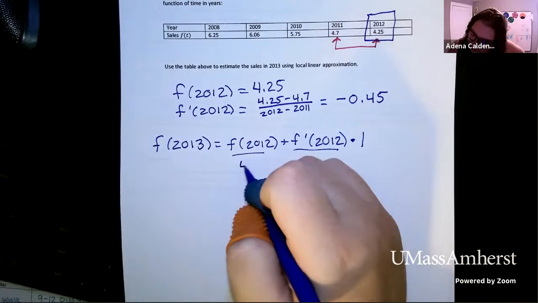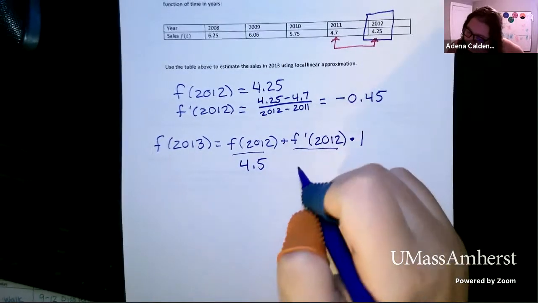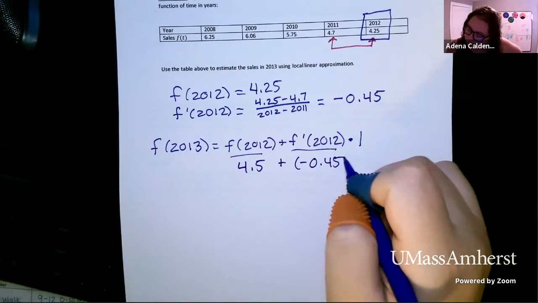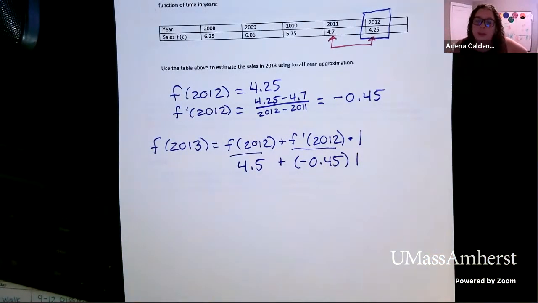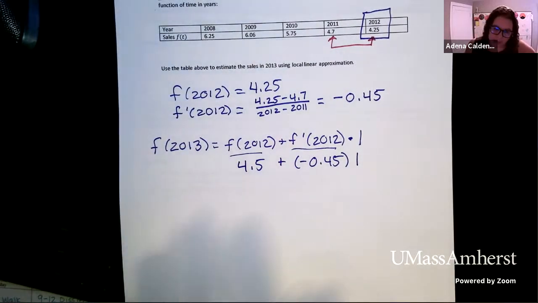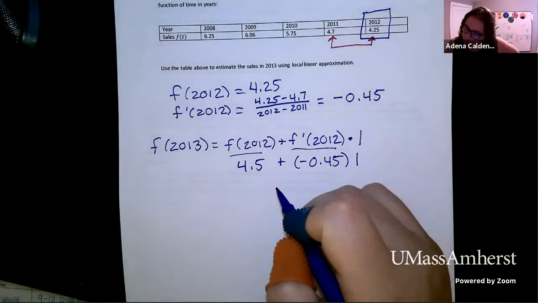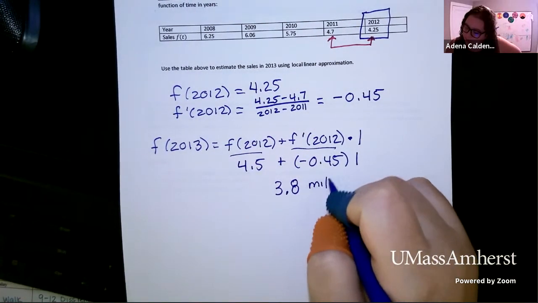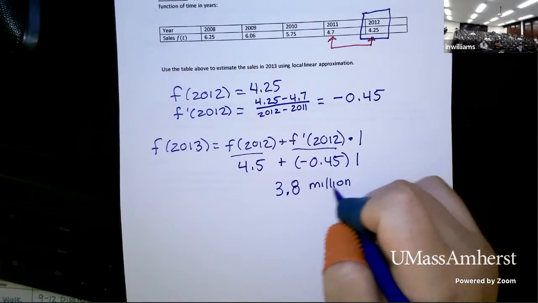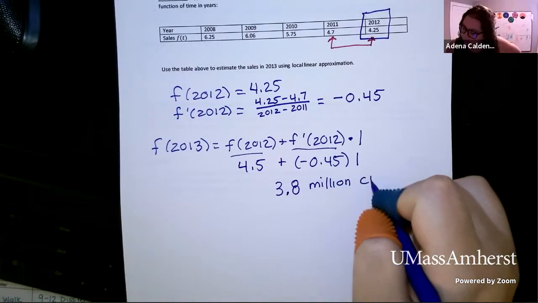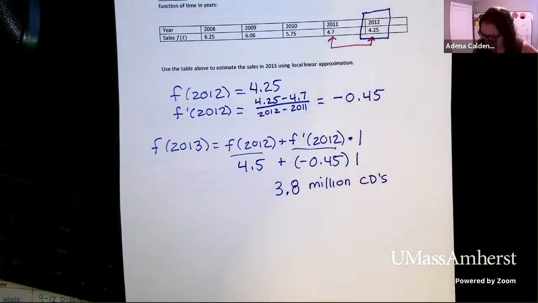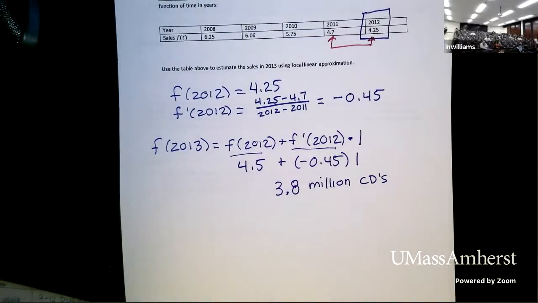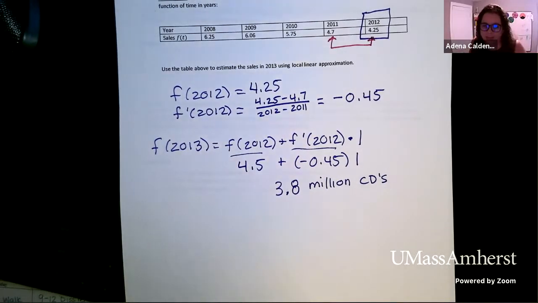So I plug in my values, 4.25 plus negative 0.45 times 1. I would do the multiplication first, but I know that anything times 1 is just itself. And I get 3.8. And this is in millions of CDs, 3.8 million CDs. Okay, so my best approximation here for my sales for the number of CDs in 2013 is 3.8 million CDs.